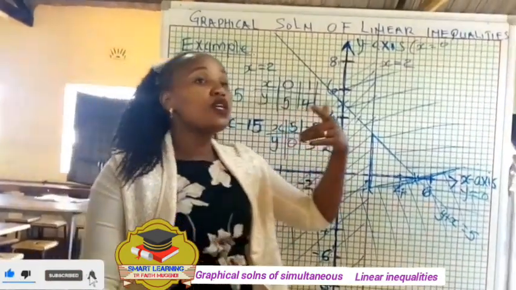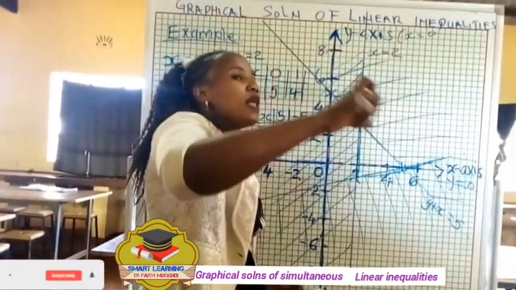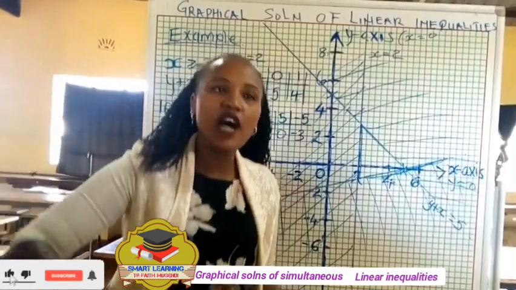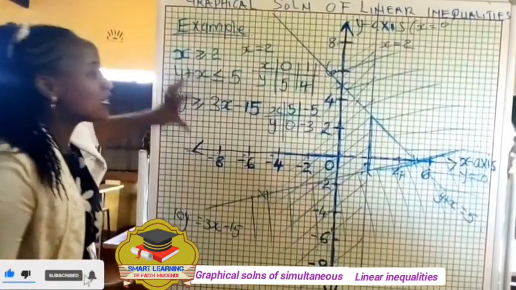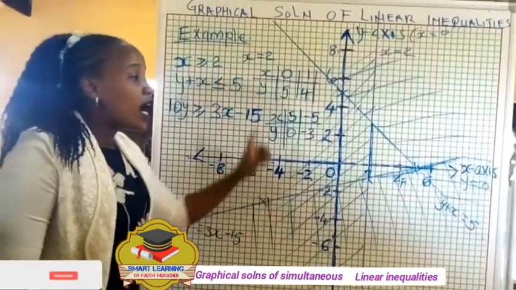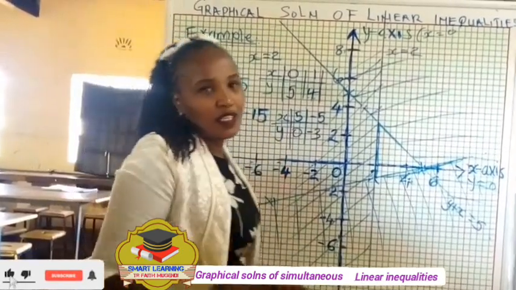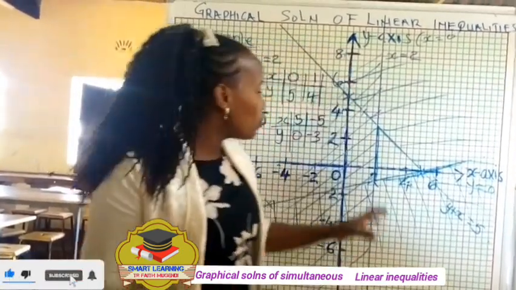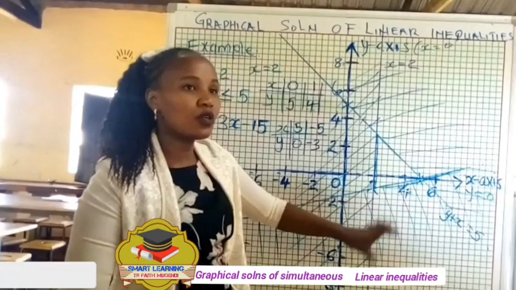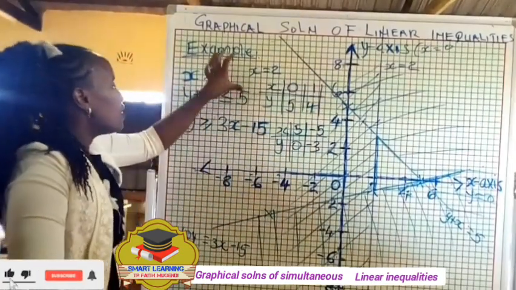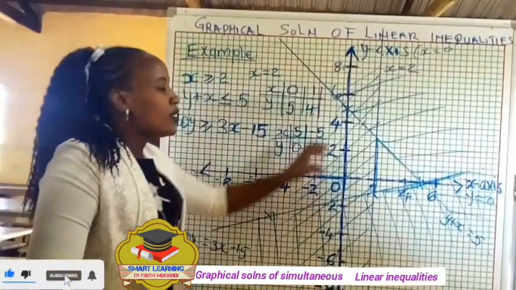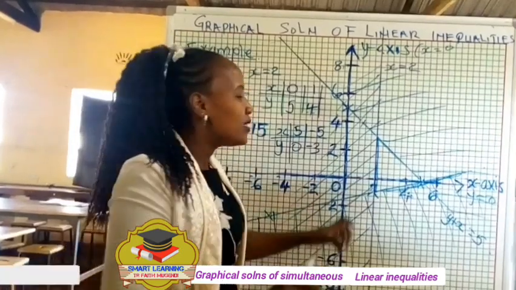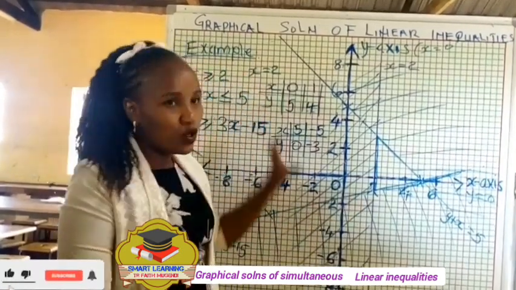You can also be told to list down all the integral values that satisfy these inequalities. And for that, let me see you in the next tutorial on how to find the area or the region that satisfies these inequalities and the integral values that satisfy these inequalities.